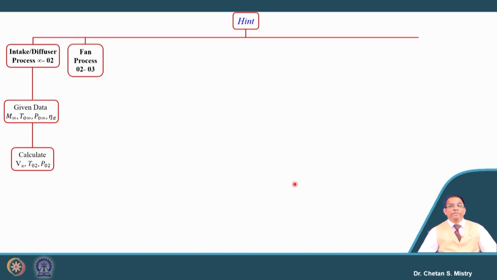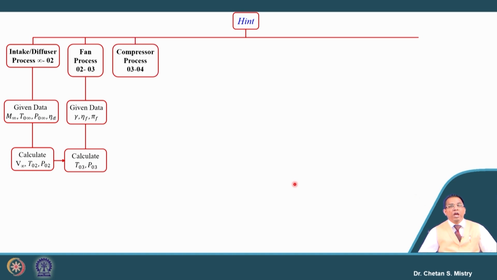The next component is our fan, and for the fan the pressure ratio and efficiency are given. Based on that we can calculate the exit pressure and exit temperature from the fan. The next component is the compressor, and for the compressor the efficiency and pressure ratio are given to us.